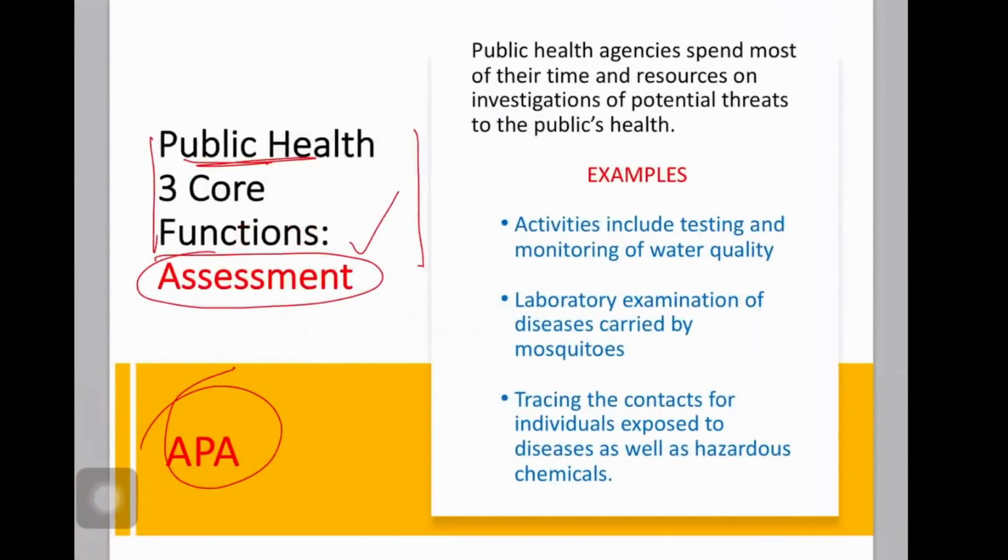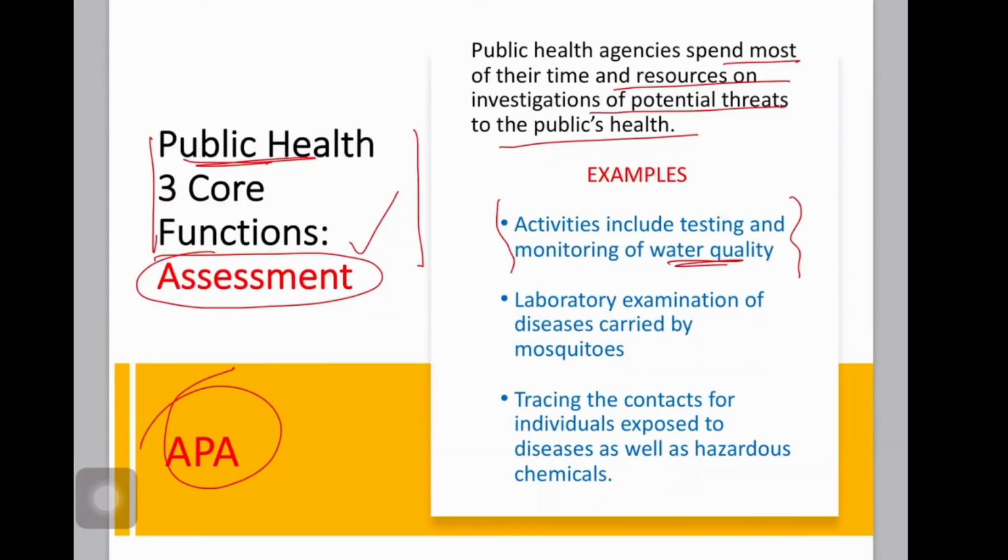Public health agencies spend most of their time and resources on investigation of potential threats to public health. For example, most of their planned activities include testing and monitoring of water quality. We have several water testing units around that take water samples from time to time to check how contaminated the underground waterways are.